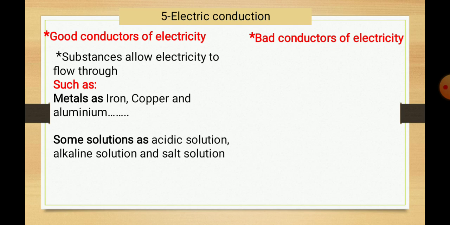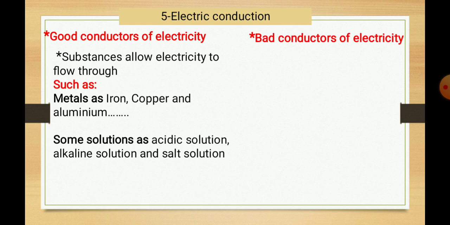These substances allow electricity to flow through, such as metals: iron, silver, copper, aluminum, and any metal. And some solutions, such as acidic solution, alkaline solution, and some salt solutions.